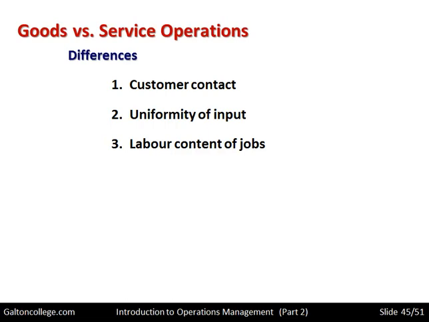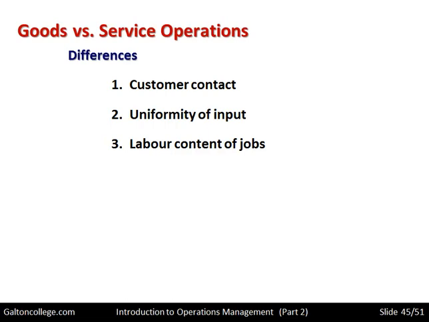The labour content of jobs. Some production will take place using a lot of capital, a lot of machinery, a lot of automation, a lot of computers, a high degree of technology built into the output. Whereas with services, it tends to be one person dealing with another person.